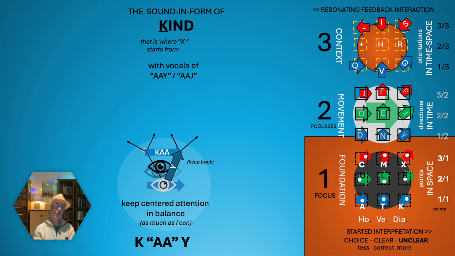That is also expressed by this Y, not as a sound, but actually the direction that is expressed with Y. So you keep your focus from the center, but you adapt to a certain direction so that you can keep a balance. So that's why Kai is expressed here as well.